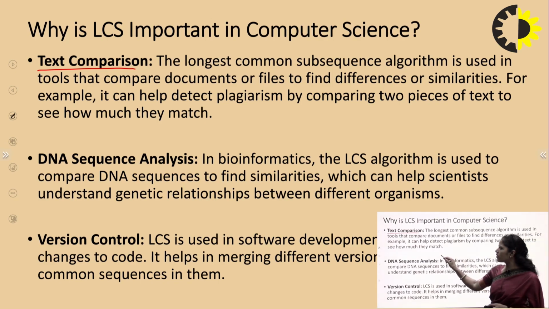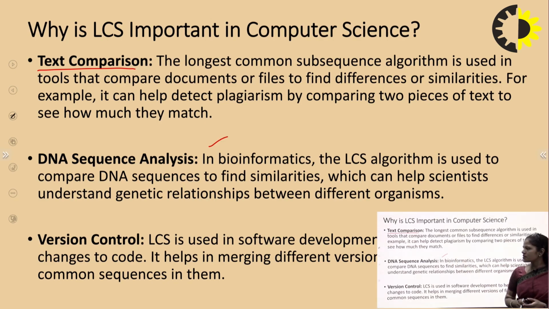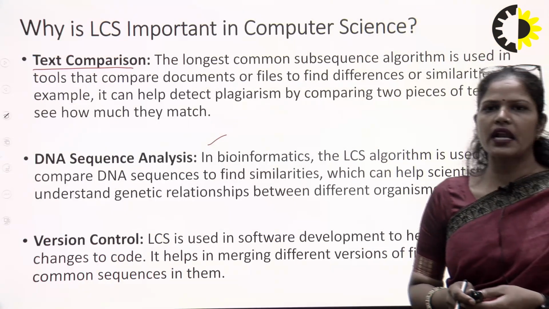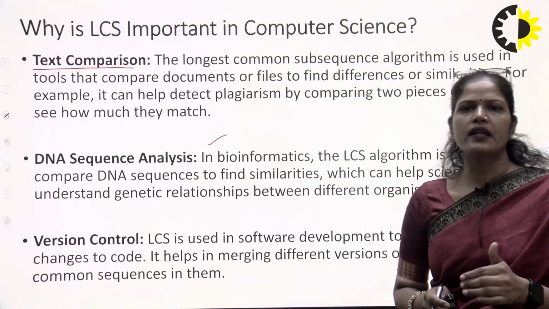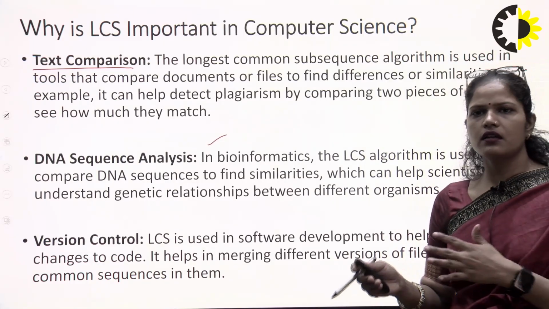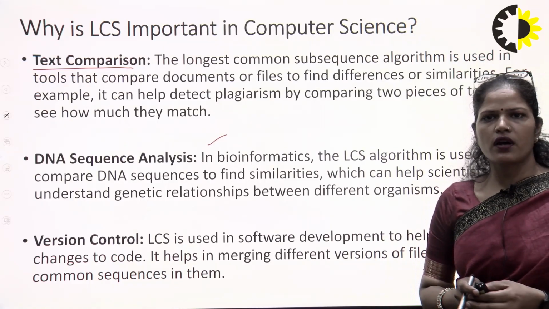Next we will talk about DNA sequence analysis. As I previously told you about the DNA process, there are situations where we compare the features of the present candidates along with the parents, to find out who the parents are. In bioinformatics, LCS is also widely used to compare DNA sequences to find similarities, because where we find the maximum number of similarities, we can observe and measure the relation between the two persons, right?